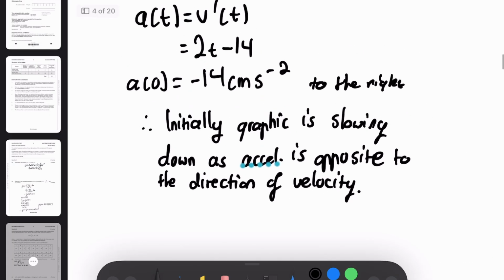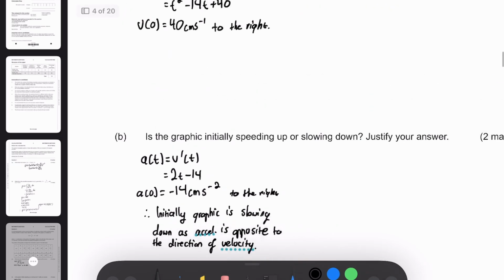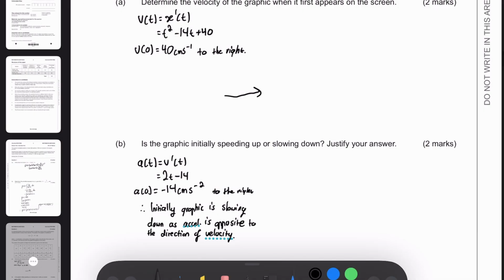Okay. Quite obviously, it's opposite to velocity since we have this negative sign at the front here. So that means that while initially it's moving 40 centimeters per second to the right, it is being decelerated to the left here. Okay.